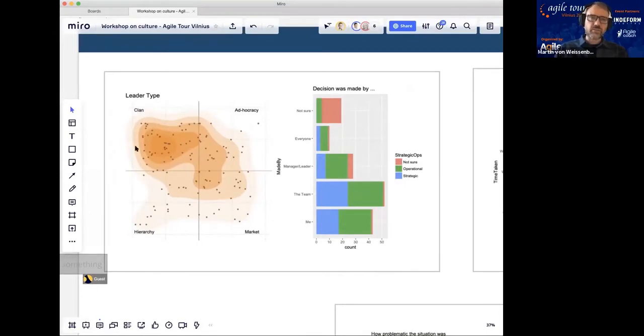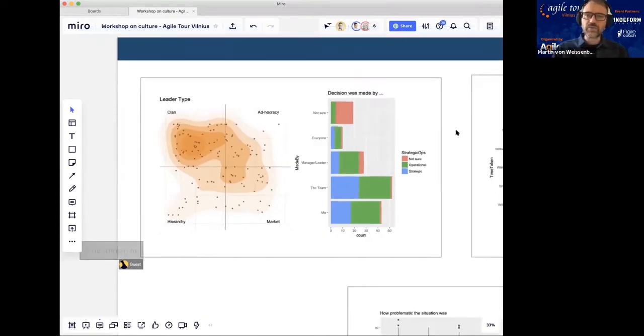Which basically supports this. So this is a way of cross-correlating: we can ask them to answer the competing values framework, and we can also ask them to answer other questions, and we can cross-correlate and see whether this makes sense, or whether they are hiding something, for example, which I think is very important.